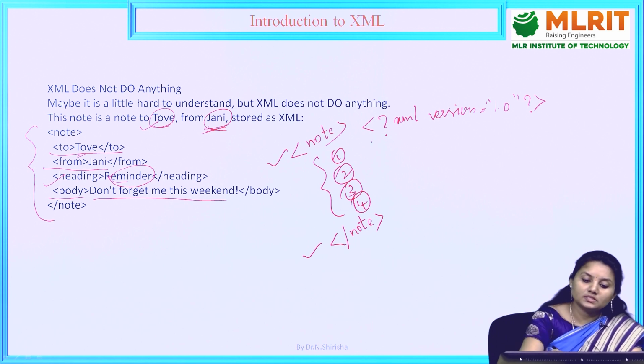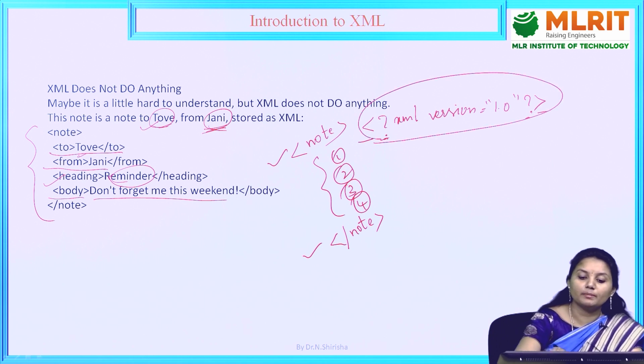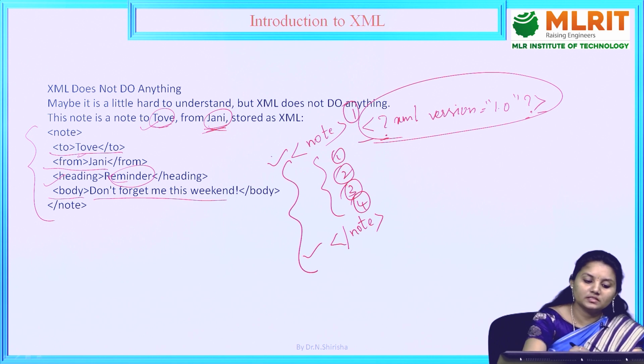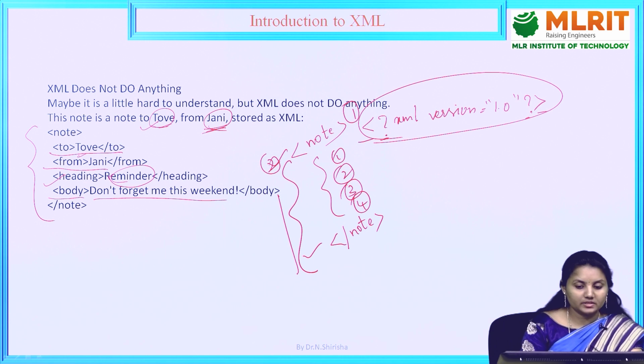Angular brackets are given as tags, and this question mark at the starting and also at the ending before your angular brackets, you have to give. This is a delimiter you will write for every XML program, followed by your program. This is the first line, second line, like that you complete your code. This is how you write an XML program.